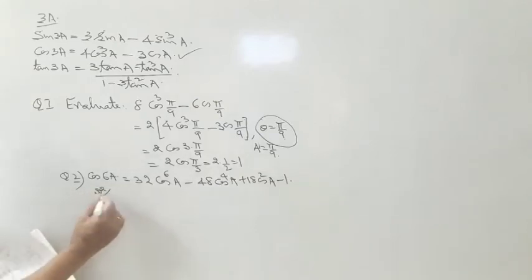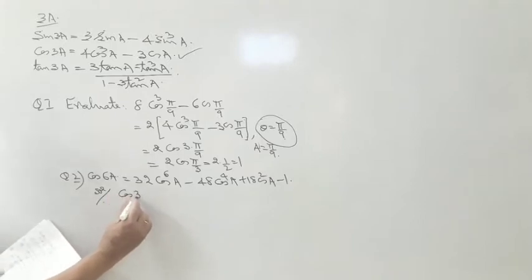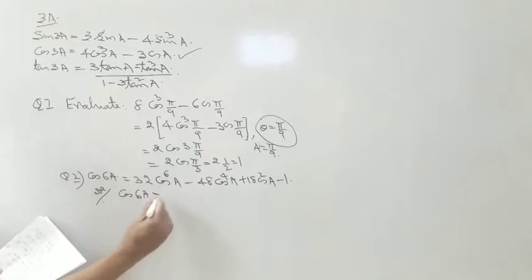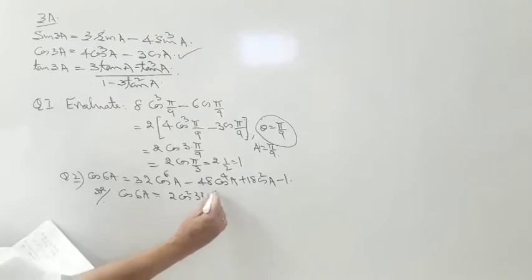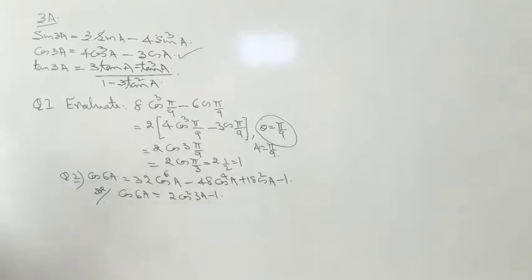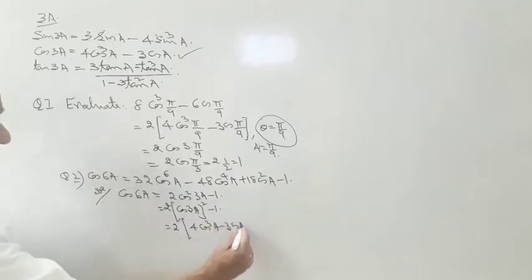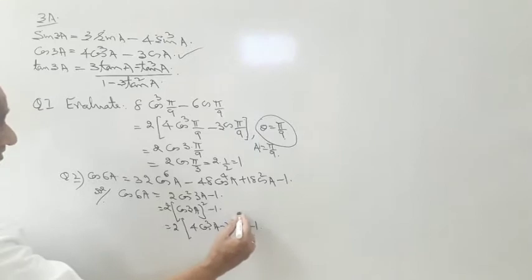The solution: cos 6a is equal to 2 cos square 3a minus 1, taking half the angle. This is 2 times cos 3a the whole square minus 1. That is 2 times 4 cos cube a minus 3 cos a, the whole square, minus 1.